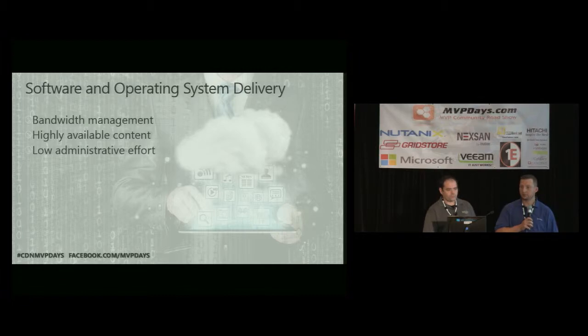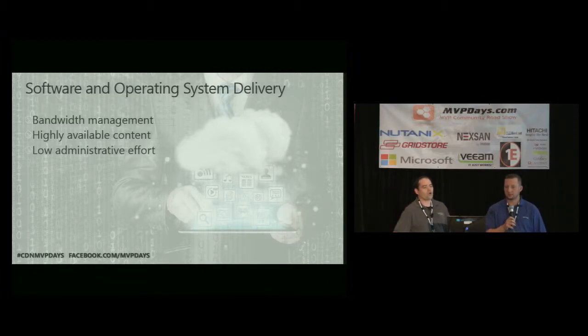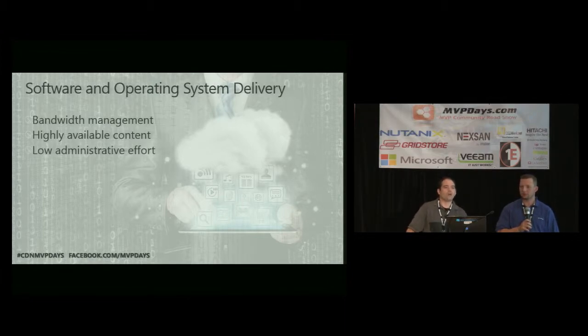Okay, so the first issue that we came across with this new environment, moving from the BranchCache environment, was we needed to deploy software out to remote branches, and we needed some active bandwidth management. Using BITS to transfer data over the business day just wasn't sufficient for us.